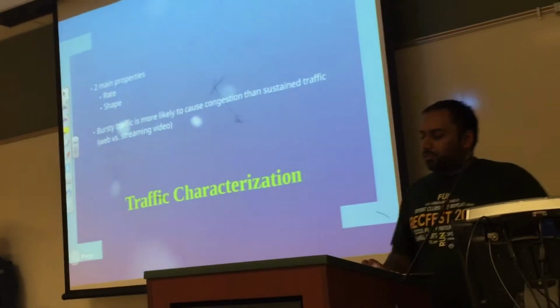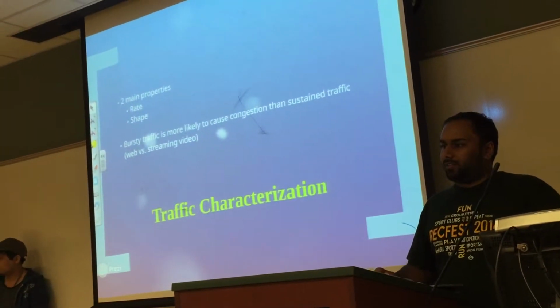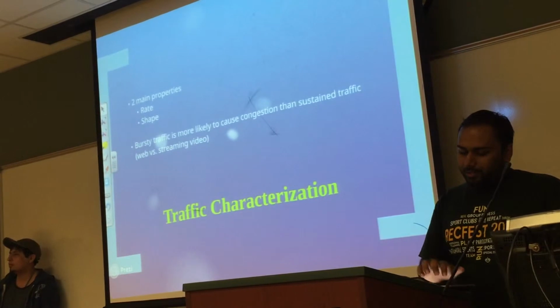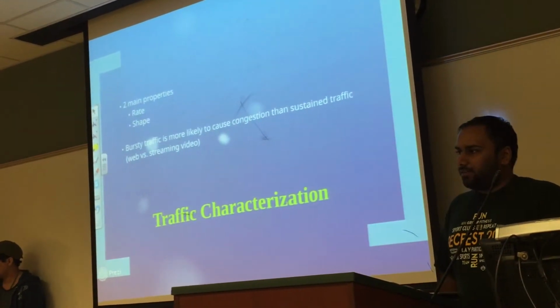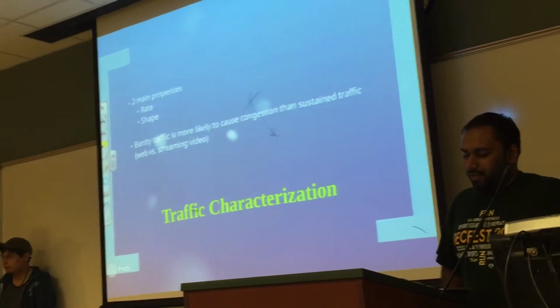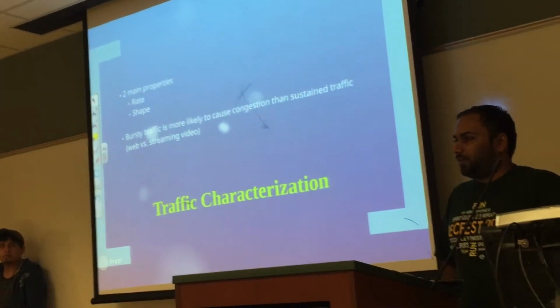In order to do admission control, we need to figure out what the traffic is actually doing. For that, we have two different properties that we look at. We look at the rate, the frequency of the traffic, and the shape of it. So how big is the traffic? How big are the packets?